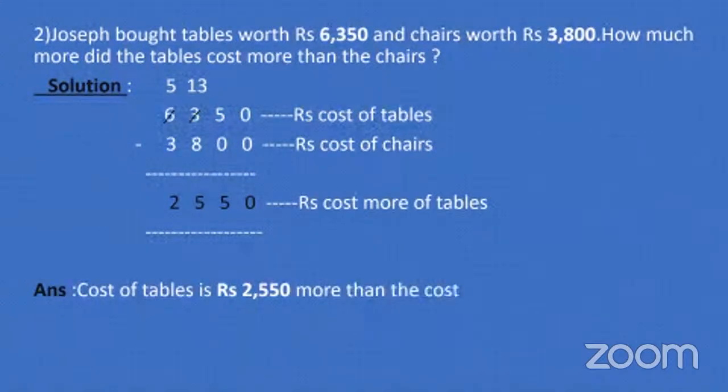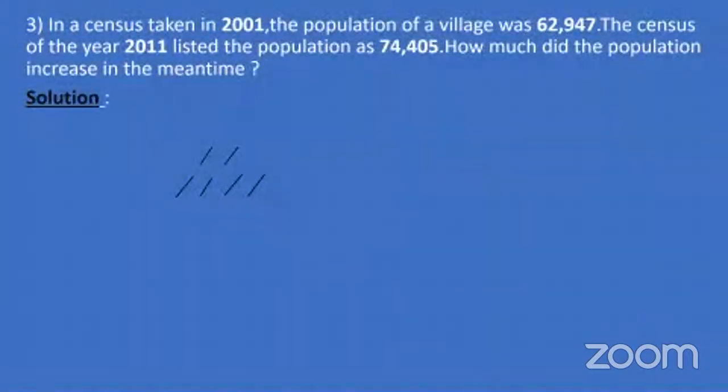Okay. Now one more example is given there in your textbook. See, in a census taken in 2001, the population of a village was 62,947. The census of the year 2011 listed the population as 74,405. How much did the population increase in the meantime?